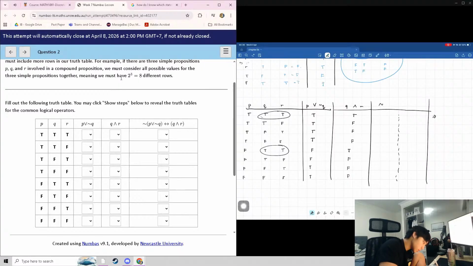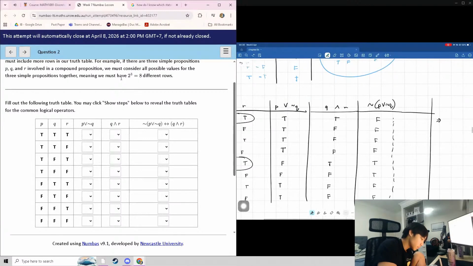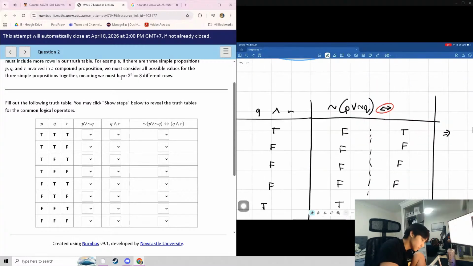So the negation of P or Q, F, F, F, F, T, T, F. Double implication, Q and R. T, F, F, F, T, F, F. And so, because it's a double implication, guess what?